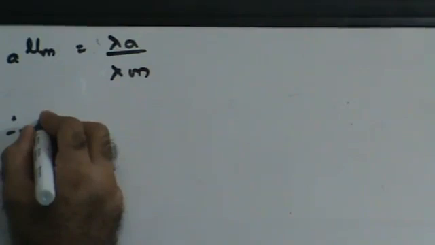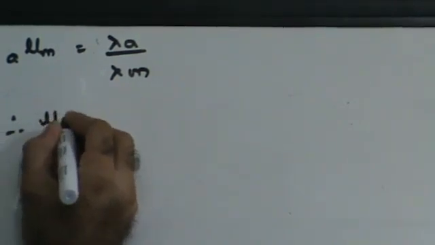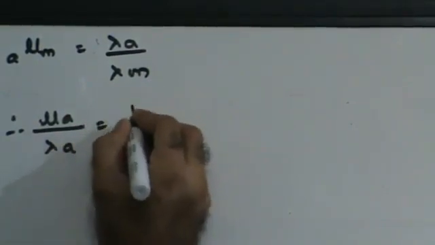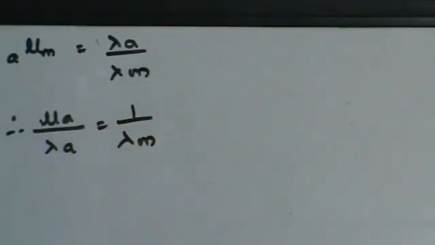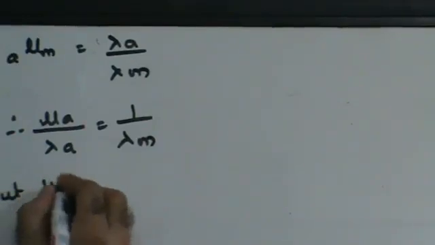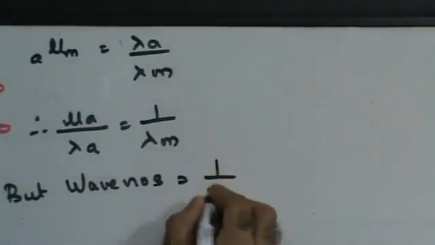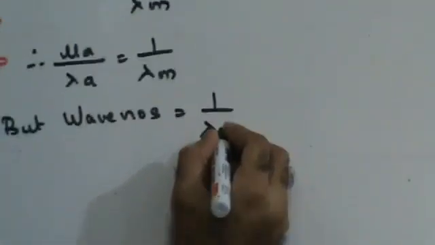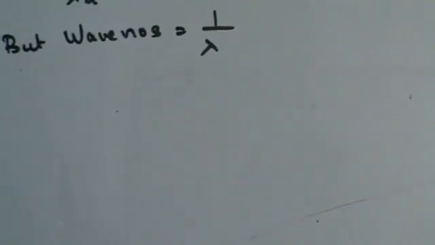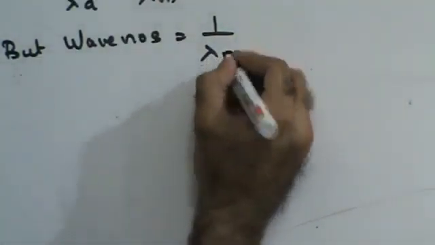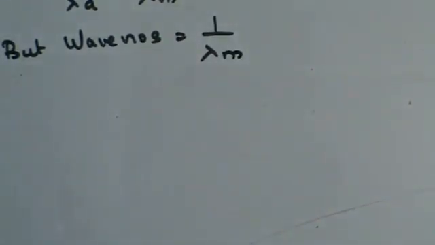Therefore, refractive index upon wavelength in air is 1 upon wavelength in medium. But what is wave number? Wave number is given by the formula 1 upon wavelength. Wave number is nothing but the reciprocal of the wavelength. So wave number is going to be nothing but 1 upon wavelength in medium.